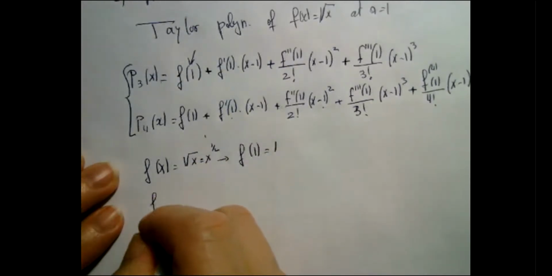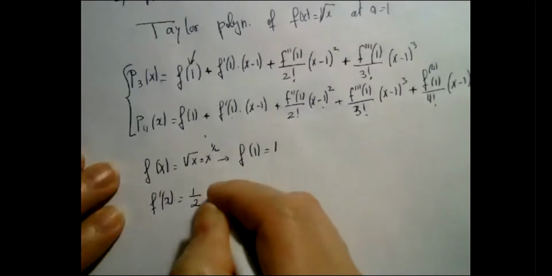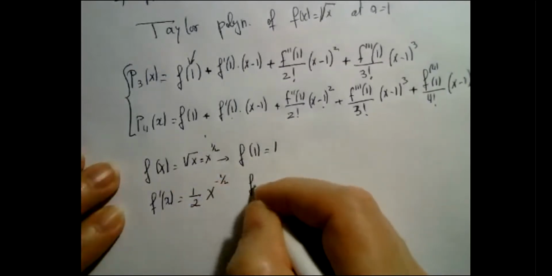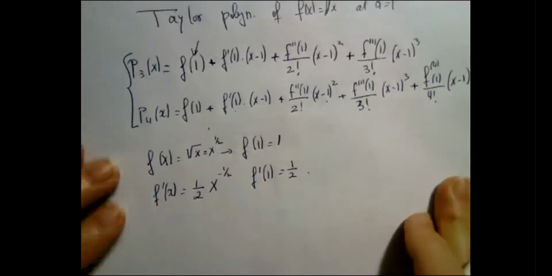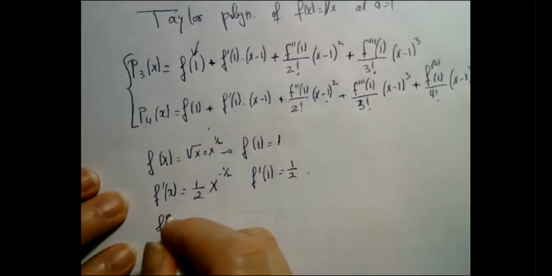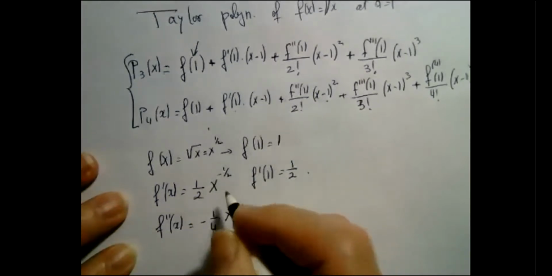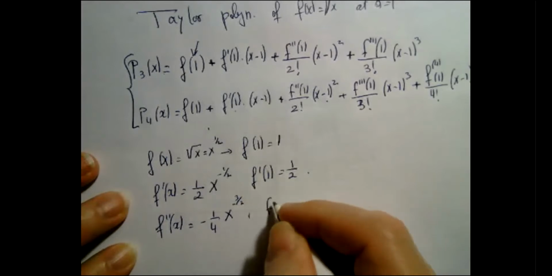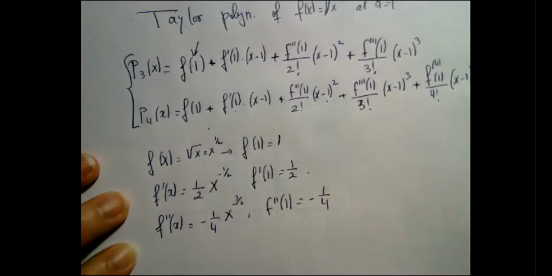So f prime of x is a half x to the power of a half minus 1. It means f prime of 1 is a half. Now the second derivative is a half times minus a half, which is minus a fourth, x to the power of a half minus 1 minus 1, that is minus 3 halves, and at the simple point 1 it is minus 1 over 4.